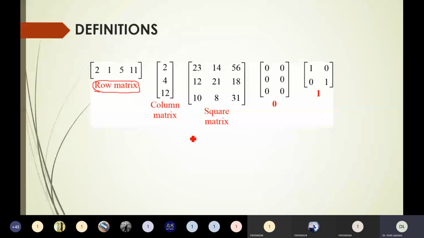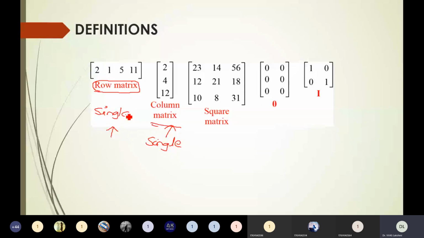If a matrix contains a single row, that matrix is said to be a row matrix. If a matrix contains a single column, that matrix is said to be a column matrix.